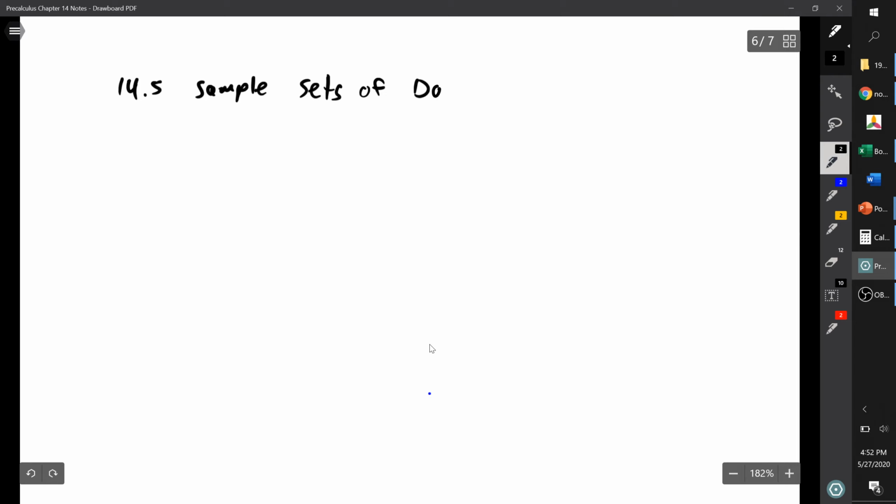of data. And one topic that comes up in this lesson is called the standard error of the mean. Standard error of the mean.